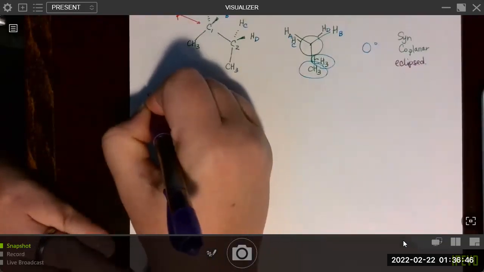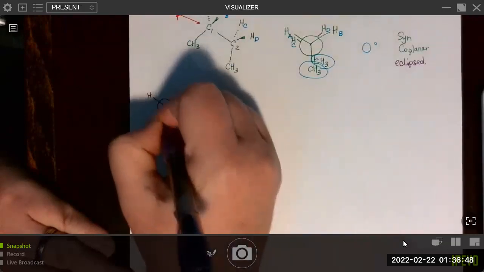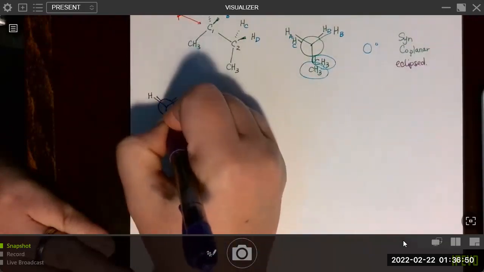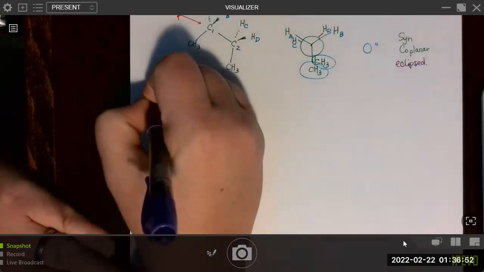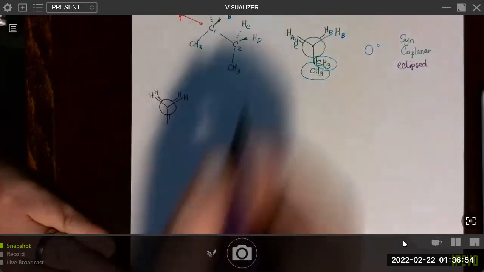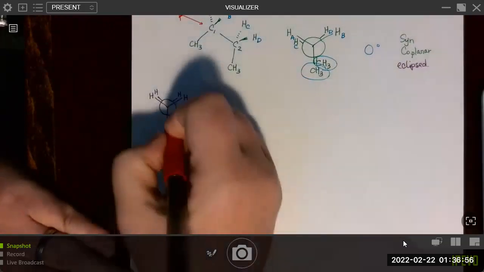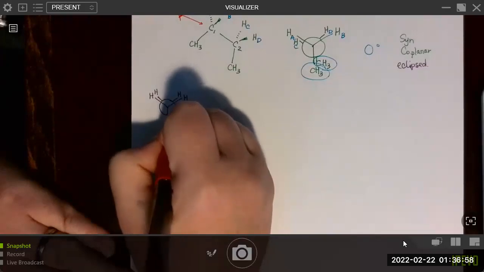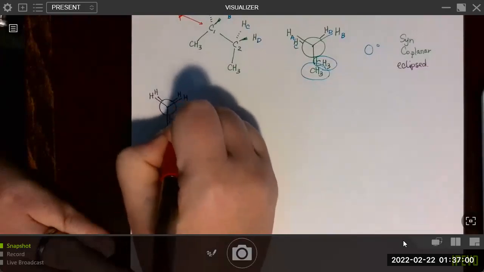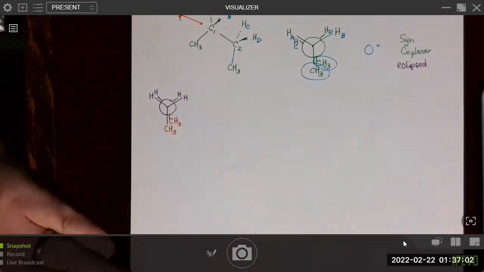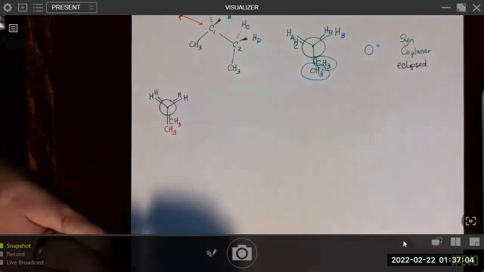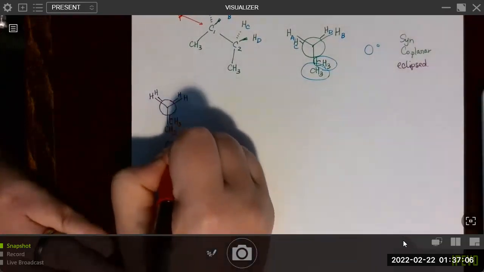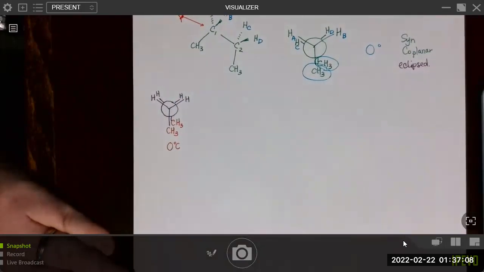Just draw in hydrogens, and we'll make the methyls a different color just so that we can focus our eye on those two. And this is going to be our 0 degrees and our highest energy level.